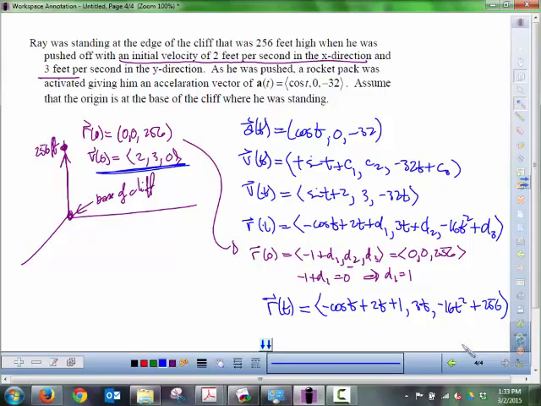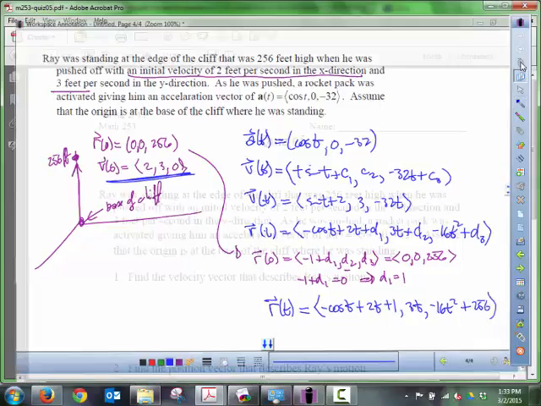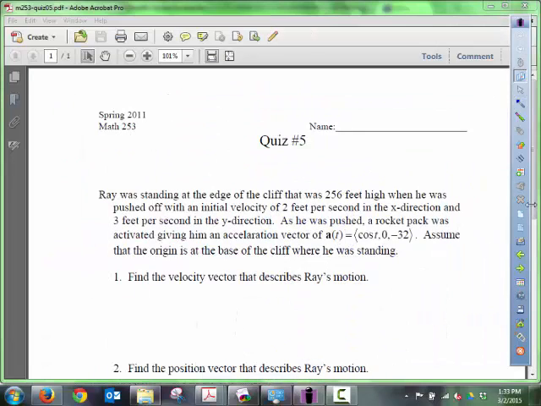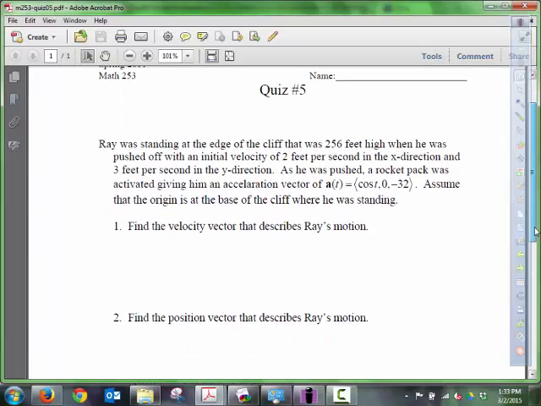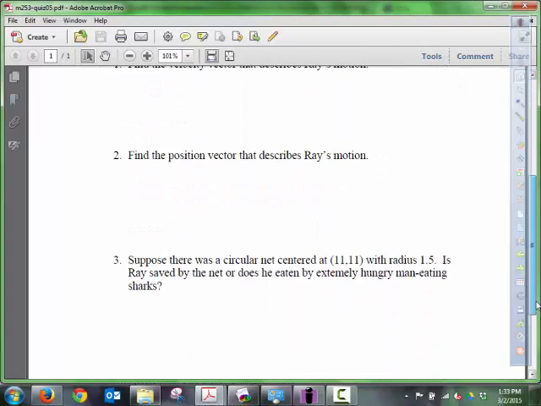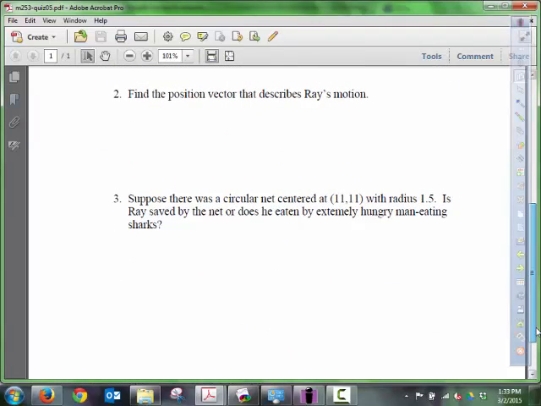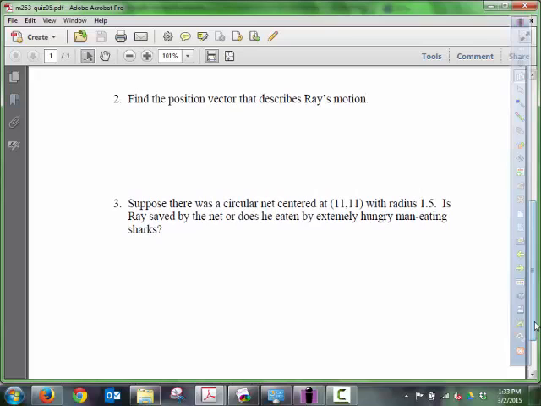All right. I think this has a couple of interesting questions associated with it. Find the velocity and find the position. We got that. Suppose there's a circular net centered at 11, 11 with a radius of 1.5. Does this guy land in the net, or does he get eaten by some sharks?